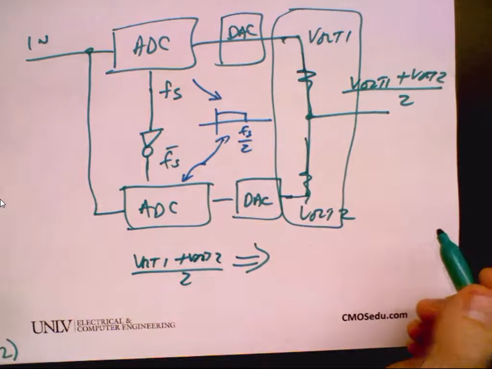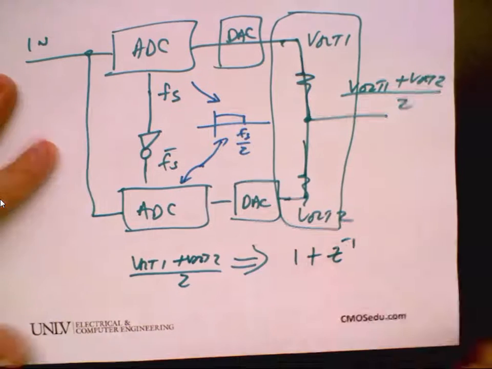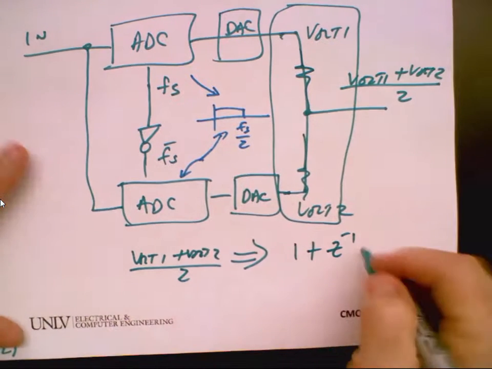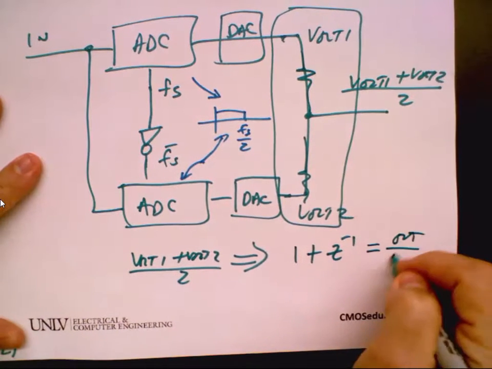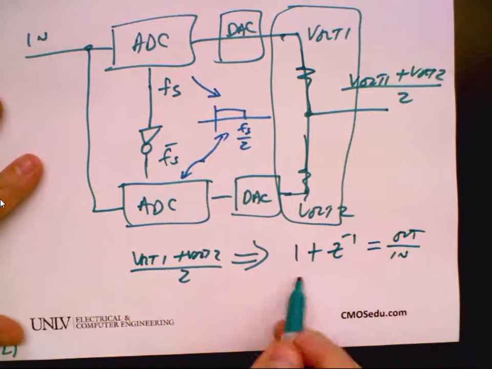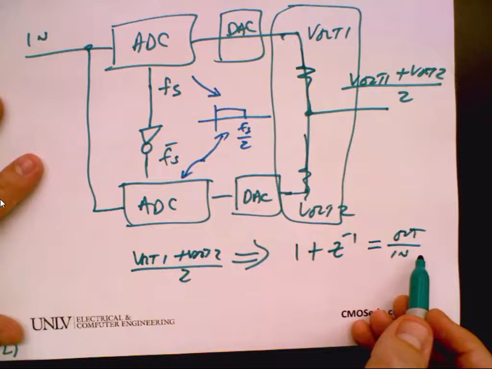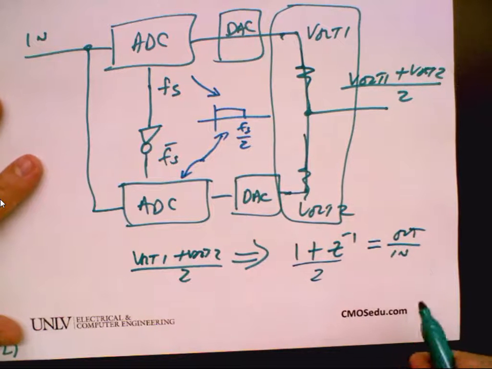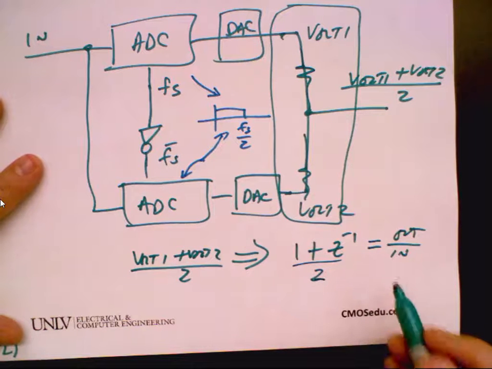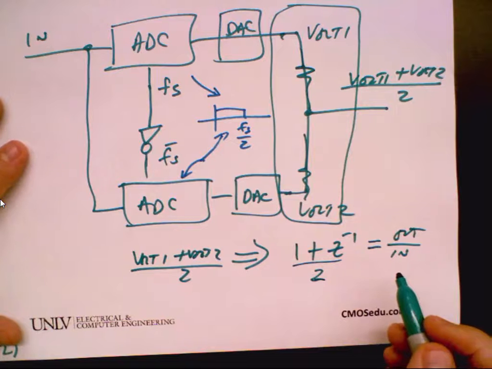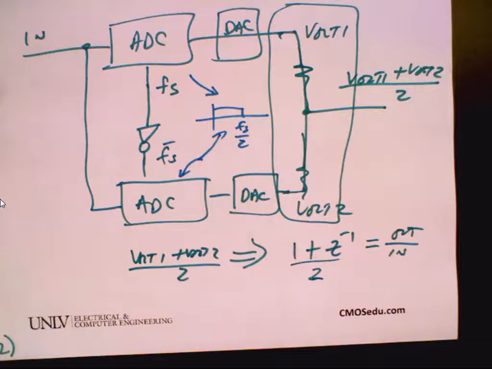Boom, I'm done. This is out over in, so I'm averaging the current sample and the next one and outputting it. Except you could argue, to be more precise, I put the 2 in there. Does everybody follow that? Am I losing anybody?